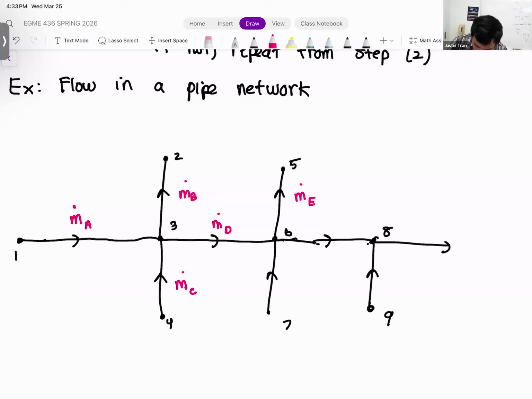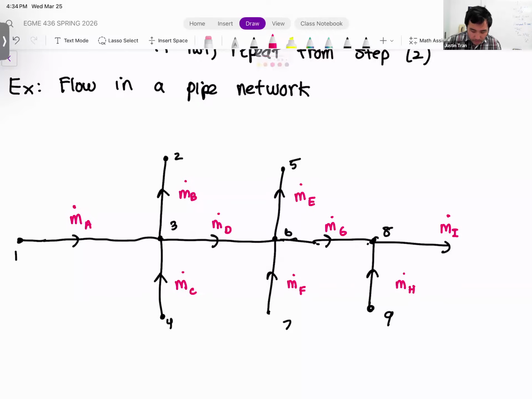Pipe F is going to connect 7 and 6. We have pipe G that's going to connect nodes 6 and 8. And we have pipe H that's going to connect 9 and 8. And then we have one more pipe that's going to lead out from node 8. But that's essentially going to be our outlet.